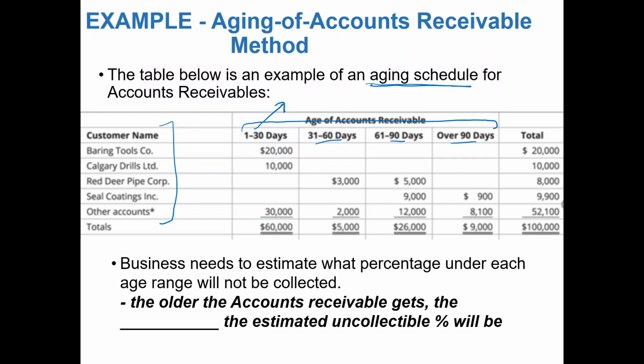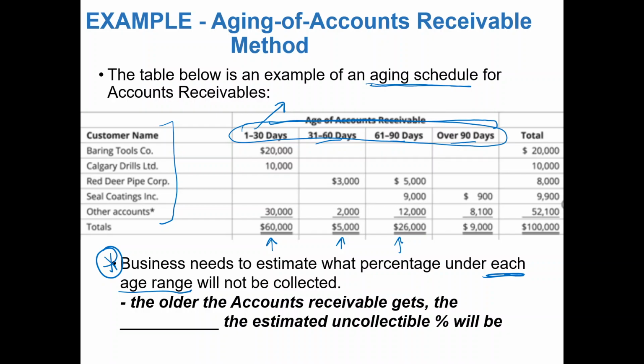And then same thing as we go here. Each business will have this aging schedule, and each business needs to go through and estimate what percentage under each age range. So for each of these columns, they'll ask themselves, what percentage do we not think is going to be collected? And businesses use that past experience. So what they've found in the past is that average percentage that isn't collected under each of these different aging categories.